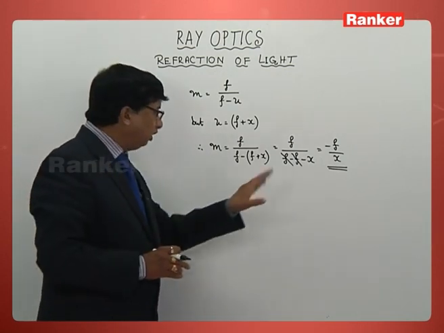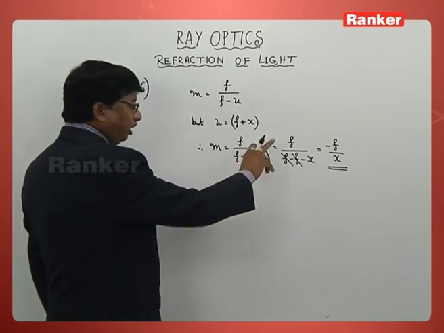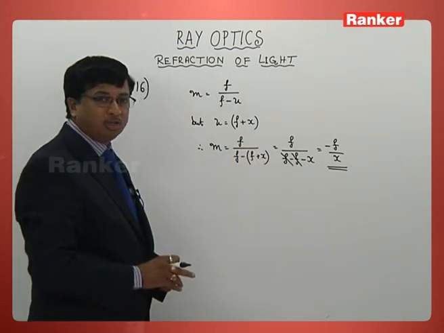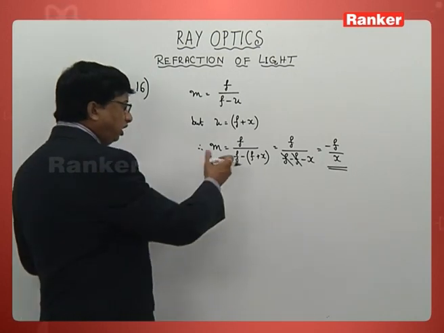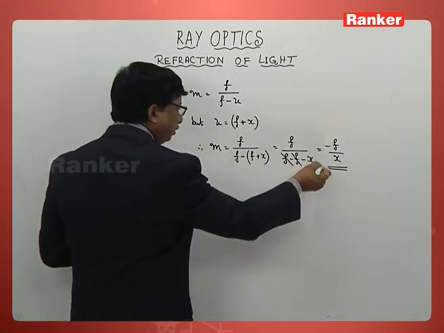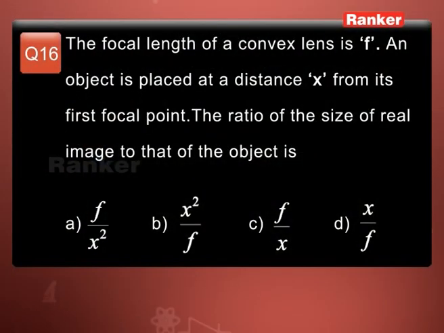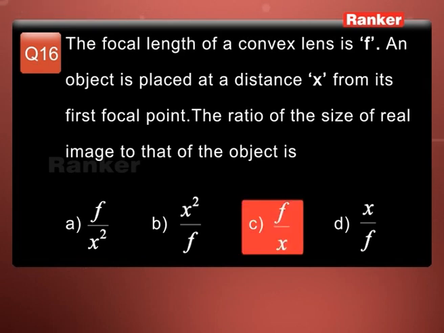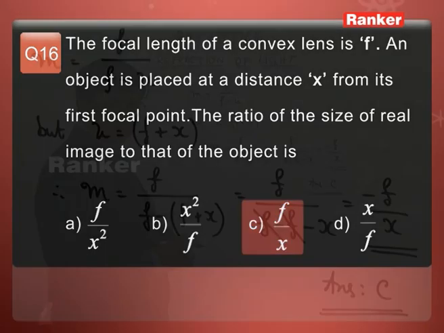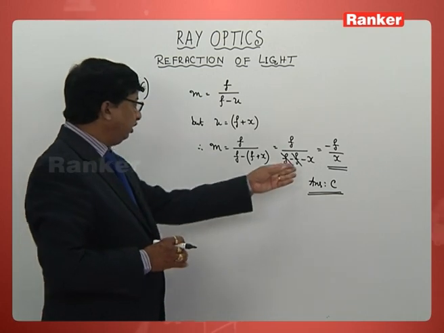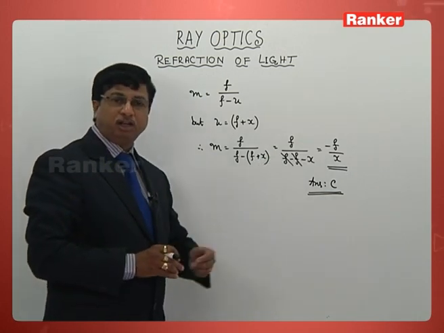So in this particular case, that negative sign indicates that the image formed there is real. Thereby, what is the ratio? Ratio is nothing other than f by x. So f by x now is exactly the third option which has been provided to us in problem number 16. So you can directly take f by x as the value there.